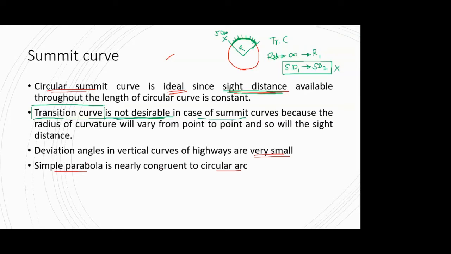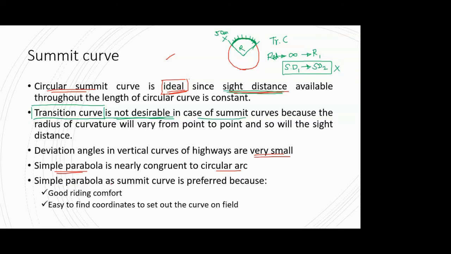So what we do is, though we know that a circular arc is the ideal thing for a summit curve, we go for a simple parabola for a summit curve, for two reasons. First, riding comfort is good in the case of a parabola. And the second, most important thing is setting out of the curve.